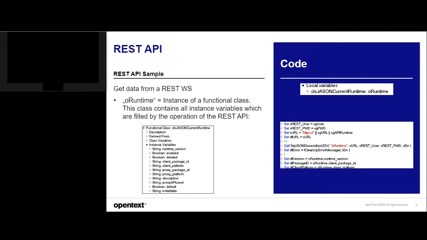I have to type in as a second parameter the defined URL, user, password, and I get back maybe an error, if something happens, like a timeout comes in, or I choose the wrong URL, and so on. And then, if this is done, I get all this information, like the runtime version and so on, inside my object, and I can pass this object to my front end.